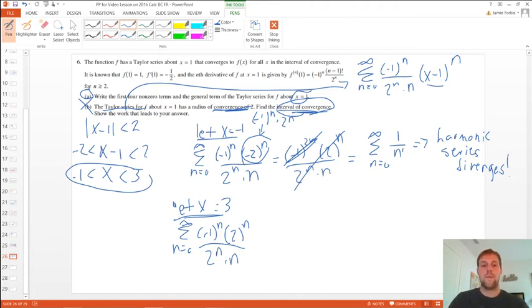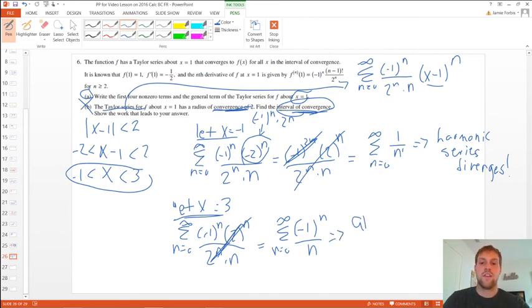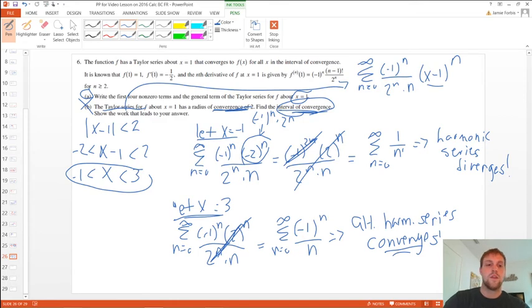Now the 2 to the n's cancel, and this is the same thing as the summation n equals 0 to infinity of negative 1 to the n over n, which, if you remember, is the alternating harmonic series, and the alternating harmonic series we learned converges. So in our final answer, we include 3 in the interval, but not negative 1.